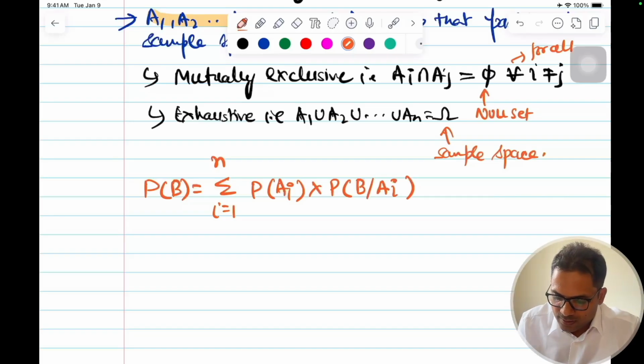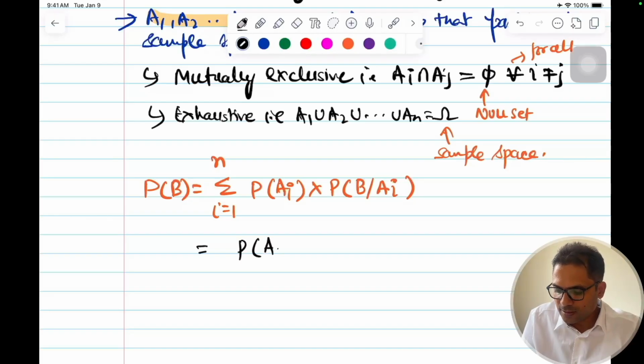If you break it down, what is probability of Ai into probability of B given Ai? This is probability of Ai intersection B.